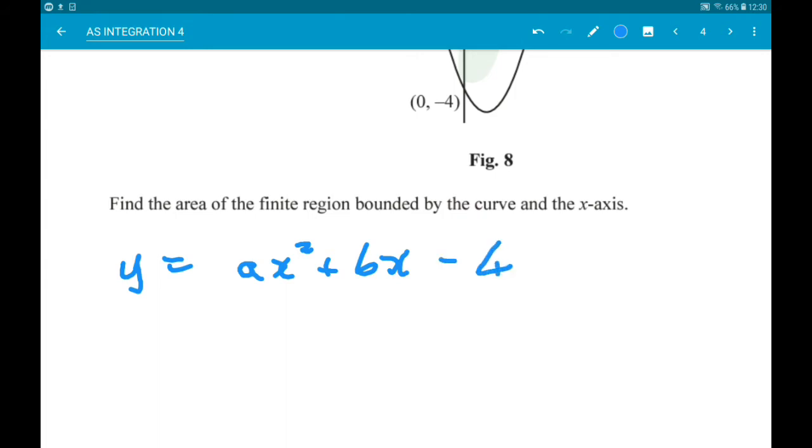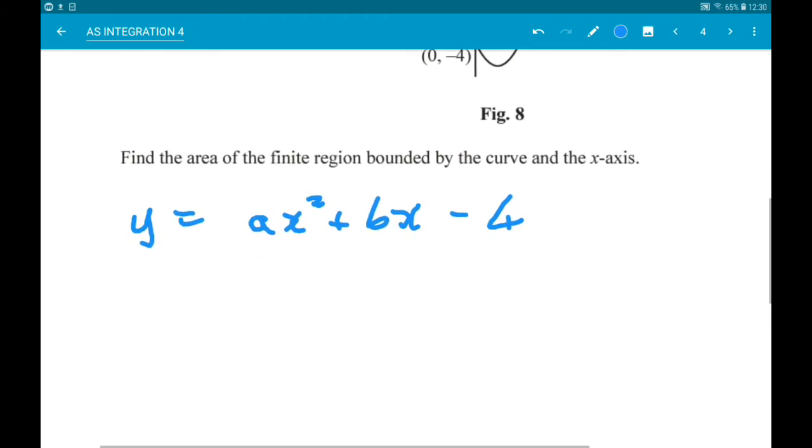Now to find a and b, we need to plonk in the other two coordinate points.